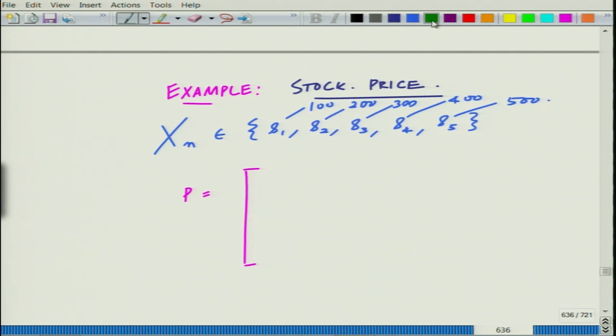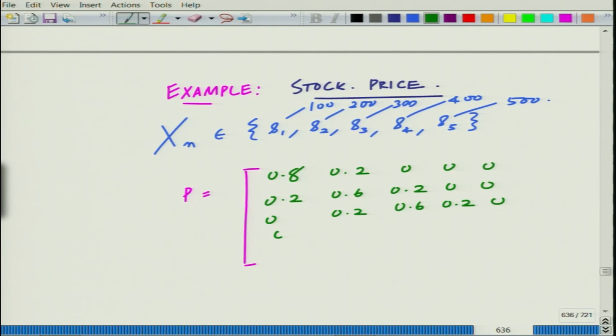is essentially this. This is your 0.8, 0.2, 0, 0, 0, 0.2, 0.6, 0.2, 0, 0, 0, 0.2, 0.6, 0.2, 0, 0, 0, 0.2, 0.6, 0.2, and finally you have the 0.8.